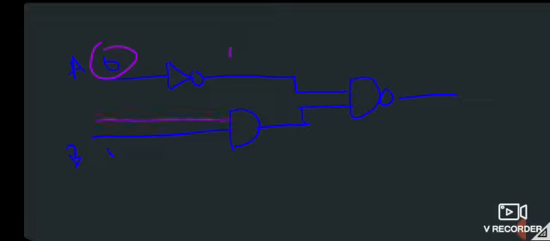Sorry, in the AND gate there are two inputs. This is C, C is 0. 0 is converted into 1. In the case of the AND gate, 0 into 1 is 0.